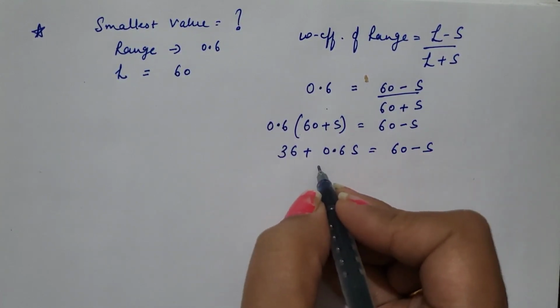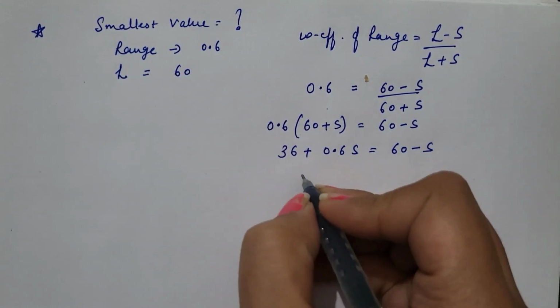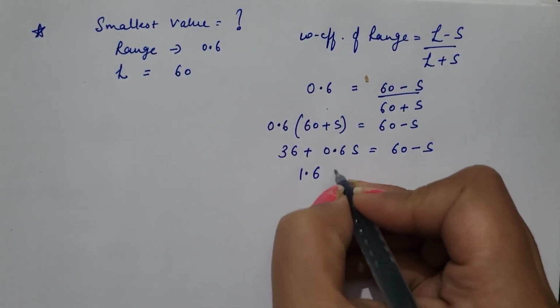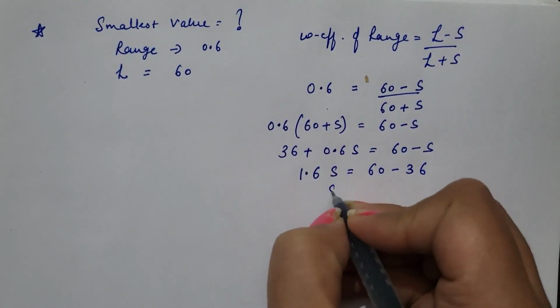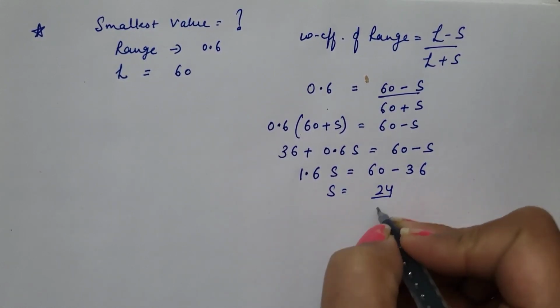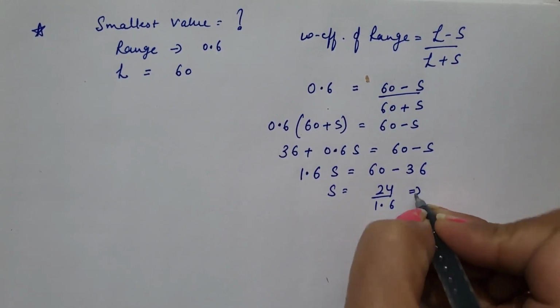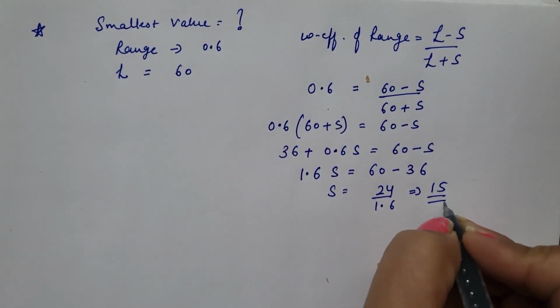So I can move S here. That would be 1.6 S equals 60 minus 36. So 24 divided by 1.6, answer would be 15.